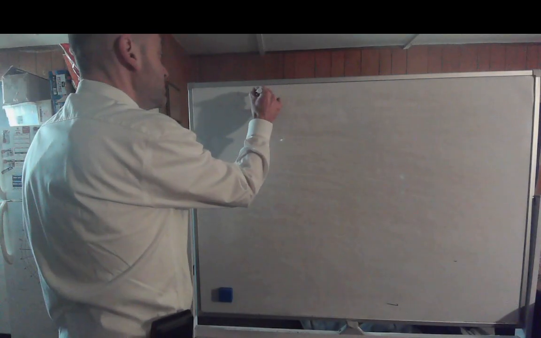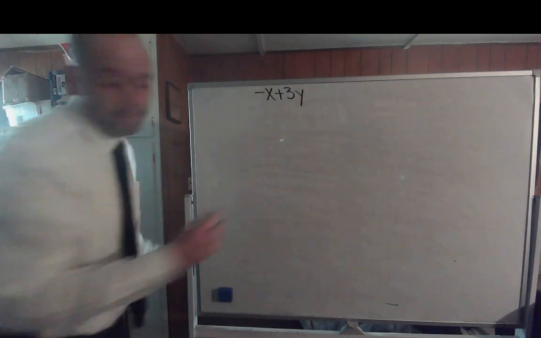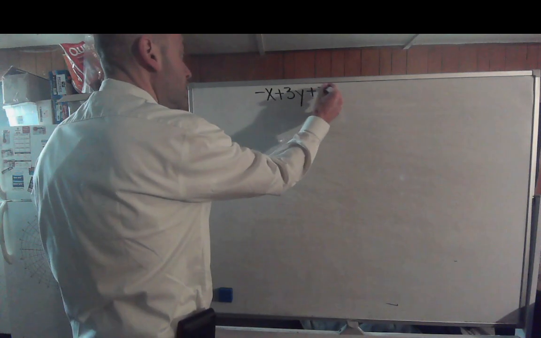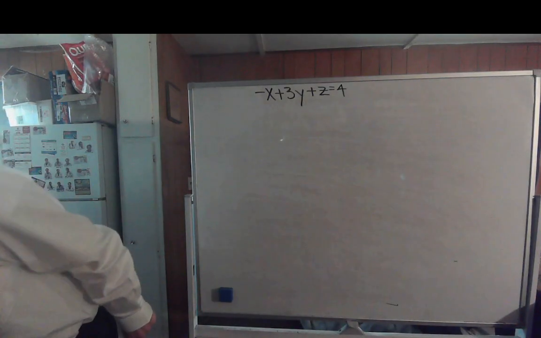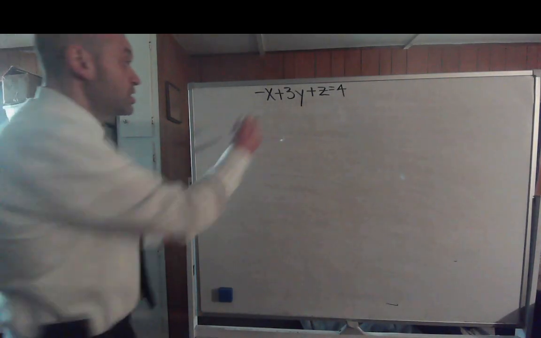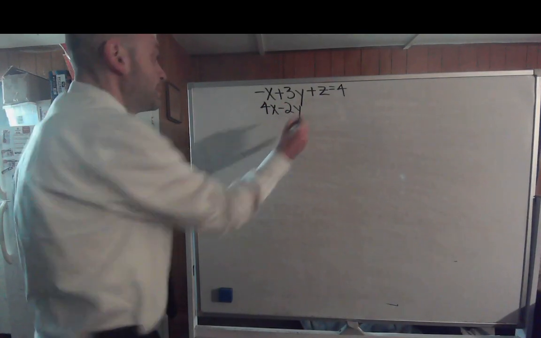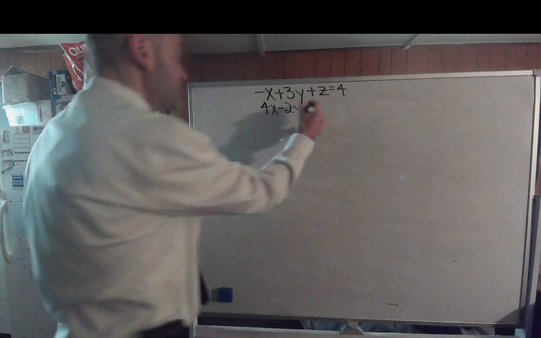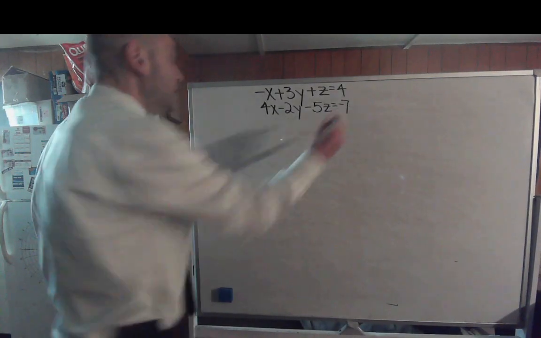All right, let's see. We have negative x plus 3y plus z equals 4. 4x minus 2y minus 5z equals negative 7.